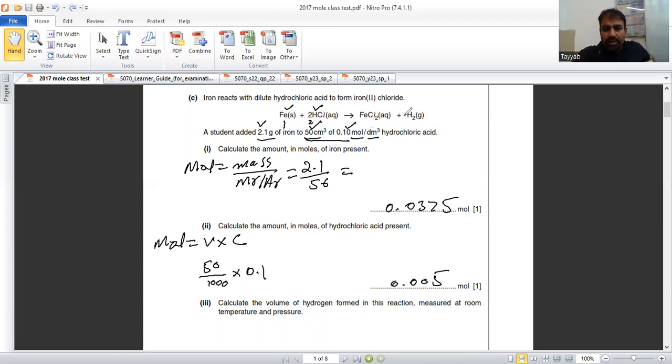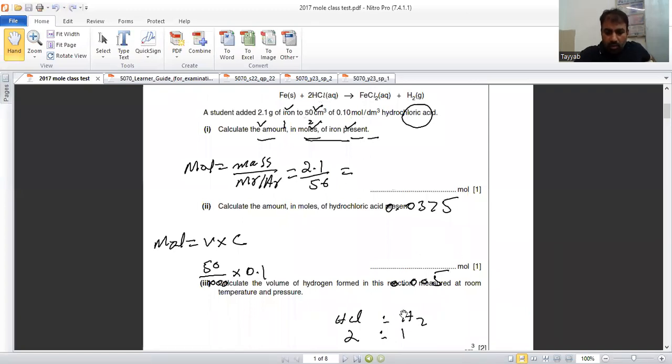So the moles or volume of hydrogen gas produced is according to HCl. The ratio of HCl to hydrogen is 2:1.